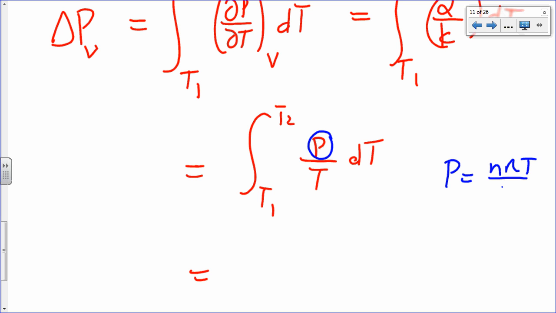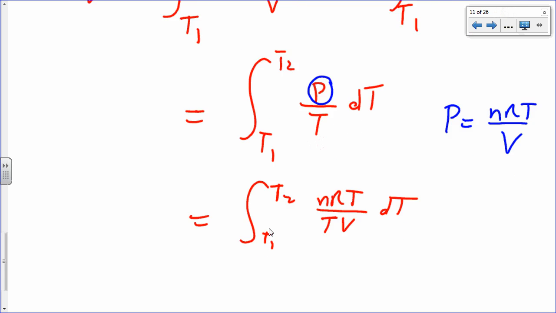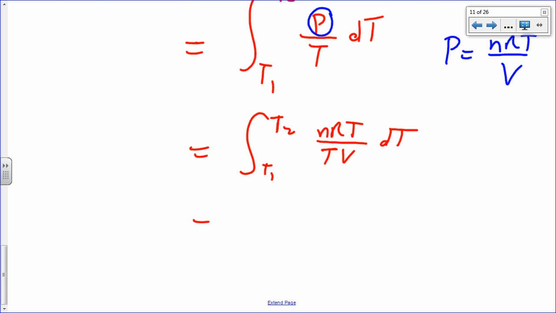nRT over V, right? So I can write this as the integral from T1 to T2 of nRT over V dT. And what happens there? T cancels out. Volume is constant, so I can pull it out.